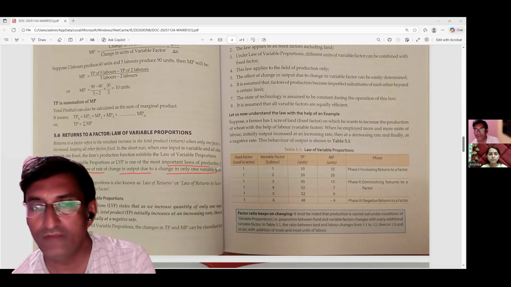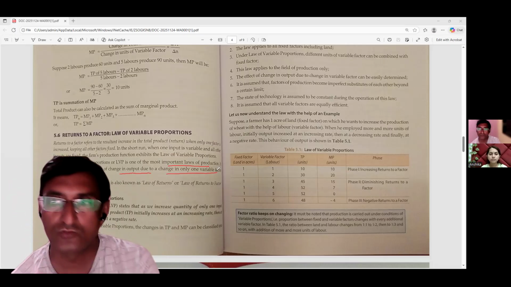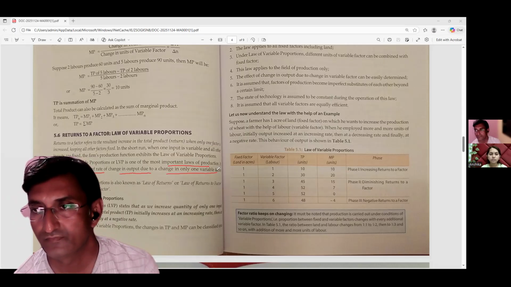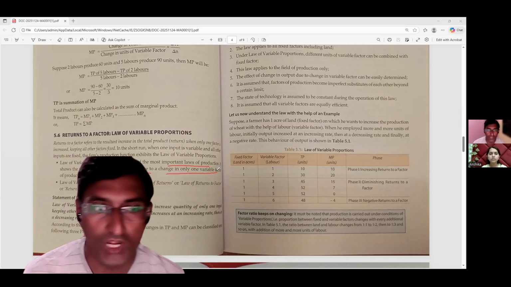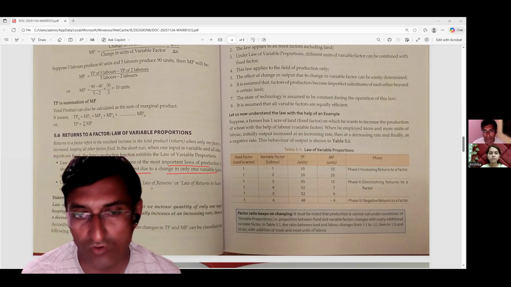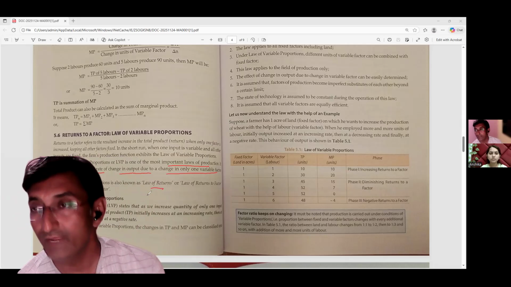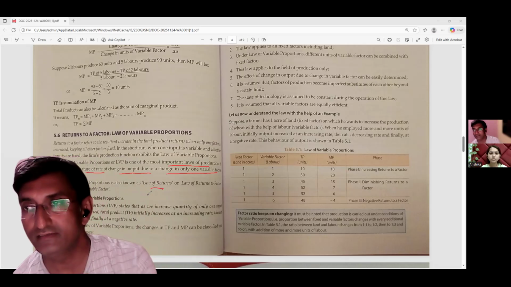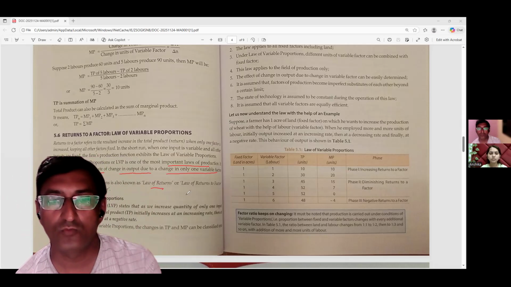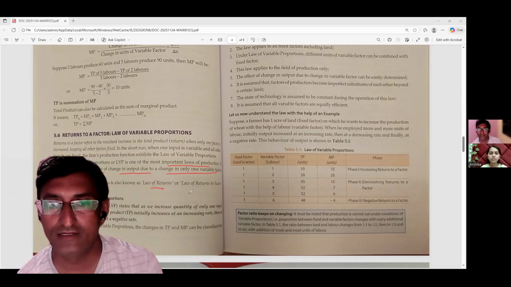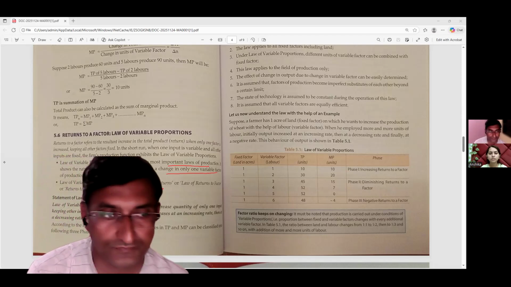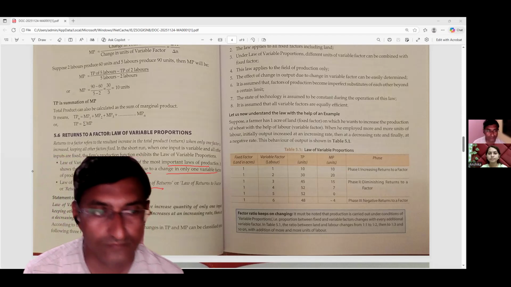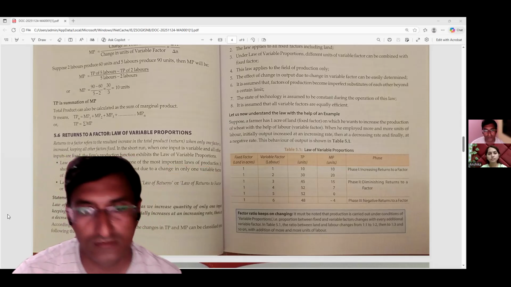If one variable factor is changing, then output should change. Law of variable proportions is also known as the law of returns. Why? Because when one factor is changing, obviously the output will change. That is why it is known as the law of returns. Got it?